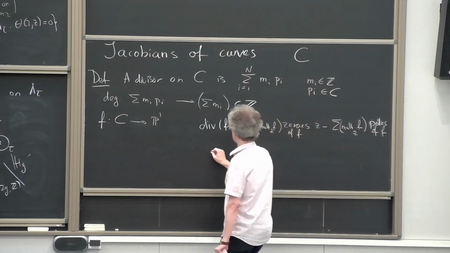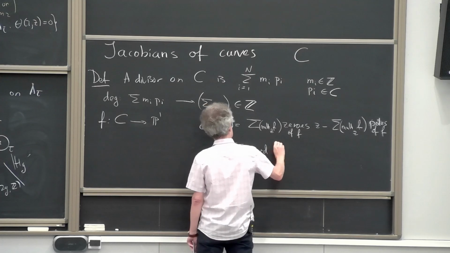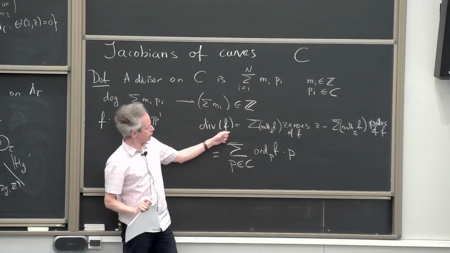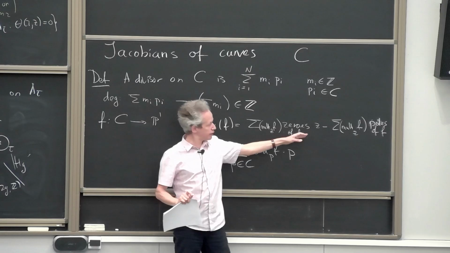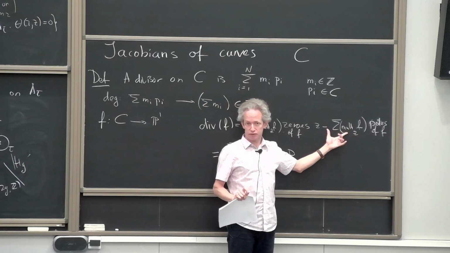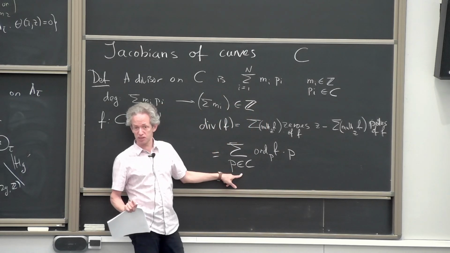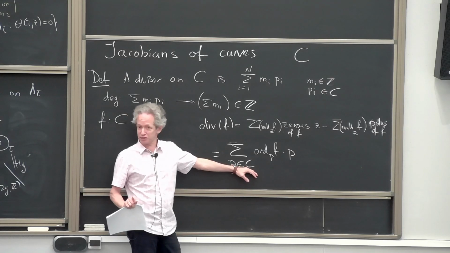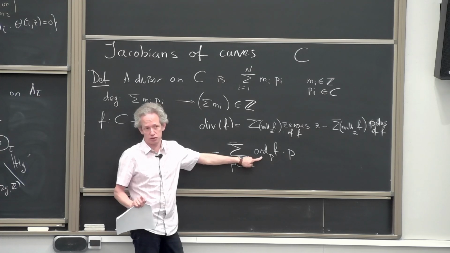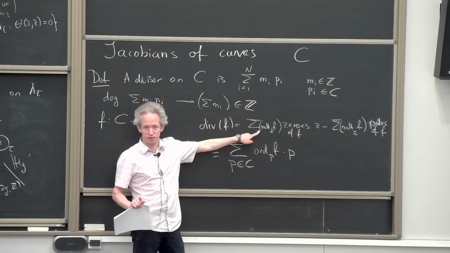Which I can also write as just the sum of all points P in C of the order of f at P times P. So the divisor of a function is the sum of its zeros with multiplicity minus the sum of the poles with multiplicities. This is manifestly a finite sum, right? Because there are finitely many zeros, finitely many poles. I write it schematically this way. You should complain. This is a sum over all points of C. This is certainly not a finite sum, right? But the coefficient is the order of f. The order of f is 0, it's a regular point for a generic point P. So this is just a shorthand for this, if you wish.